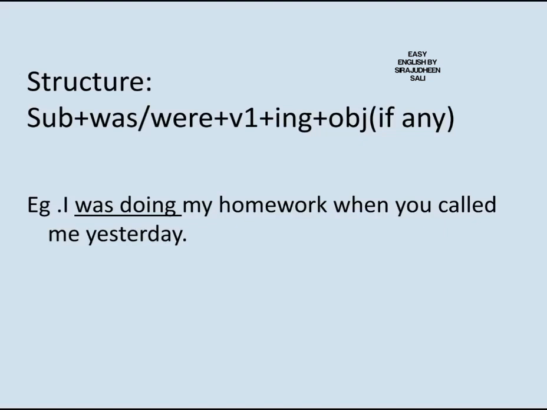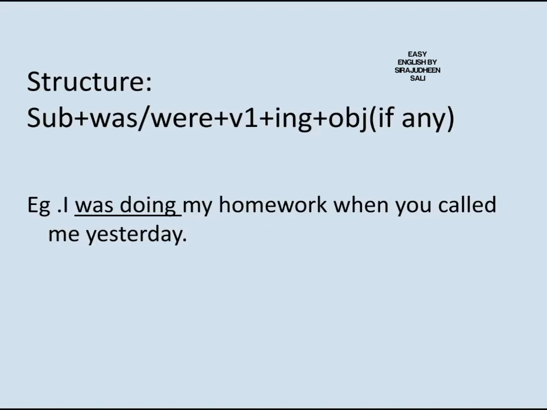With I and she, he, or with singular countable nouns, you can use was. Or with anyone, anybody, someone, somebody, no one, nobody. With these subjects, you can use was. But with you and with they, we, and plural nouns, you can use were.